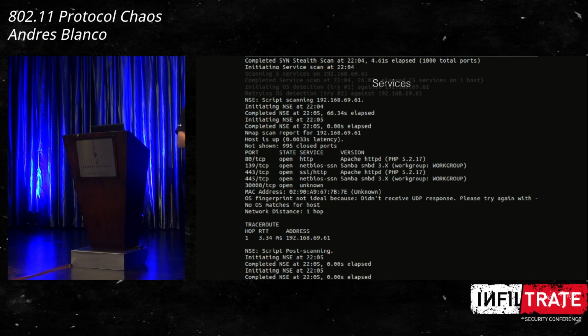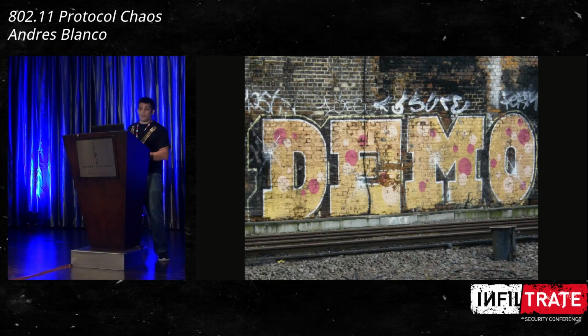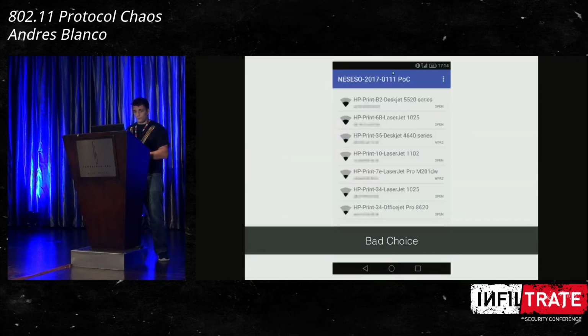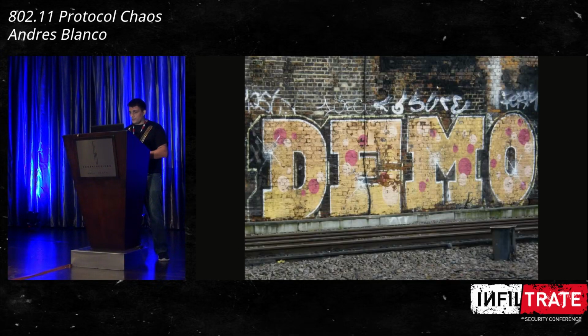And it also has Samba. So if you have a flash drive connected to the device, you have anonymous read and write permissions on the device. So it's really bad for me because I have the device at home. Sorry. So I'm going to show you a demo of this.